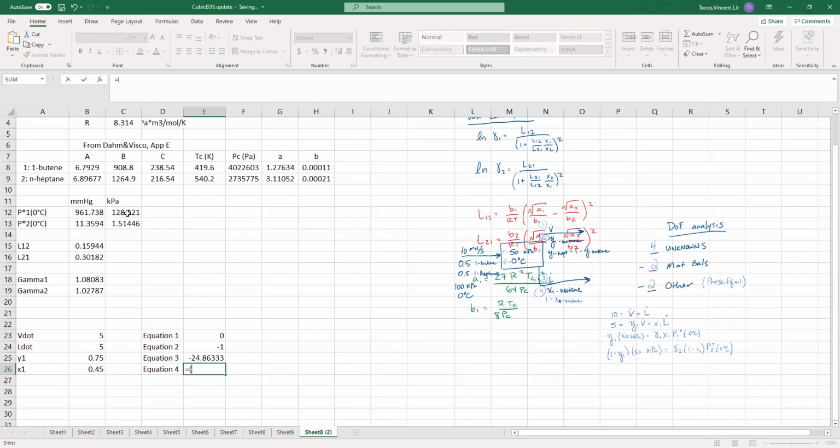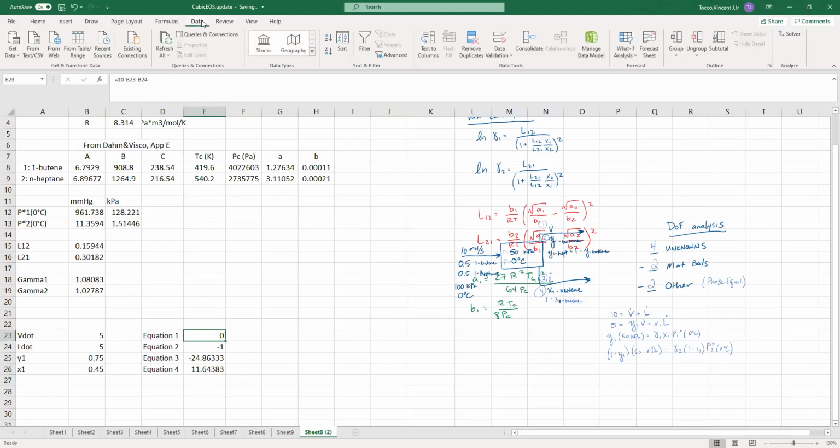So equals 1 minus y1 times 50 minus gamma 2. Did I put gamma 1? I can't remember if I put gamma 1 in the last one. I'll check that. 1 minus x1 and times p star 2. That should all be equaling 0. I did put gamma 1. Okay, I thought I was forgetting things for a moment.